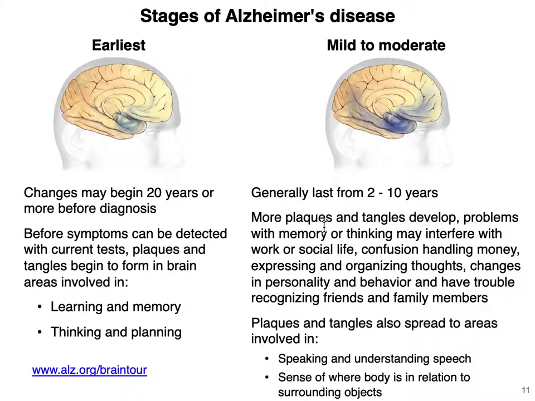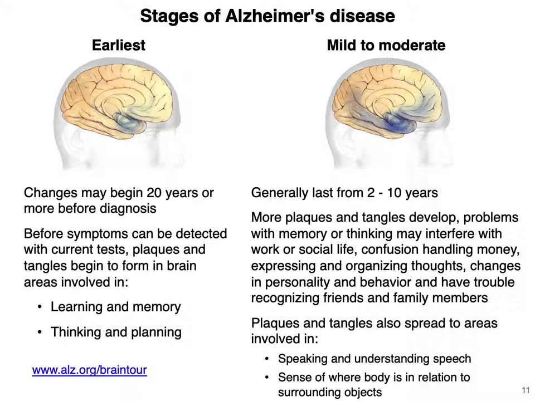The sense of where your body is in relation to the surroundings, there's a kind of clumsiness, and they lose the ability to know how far they are from objects. This is still mild to moderate, but notice the blue area. This is the region of the hippocampus, and I don't know why it's specific for those particular cells in the hippocampus.